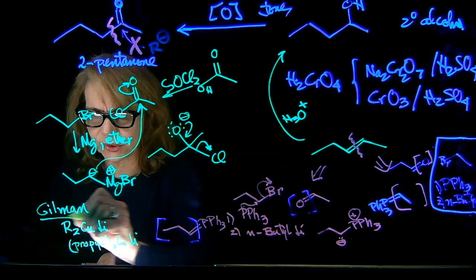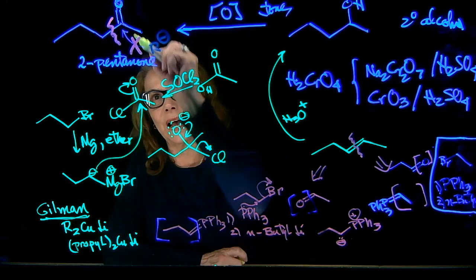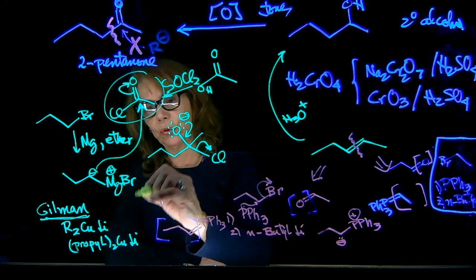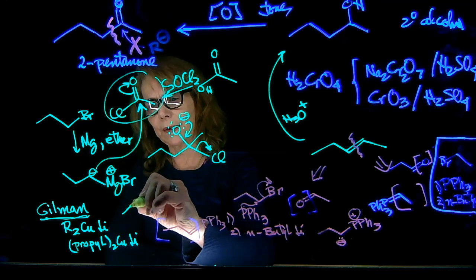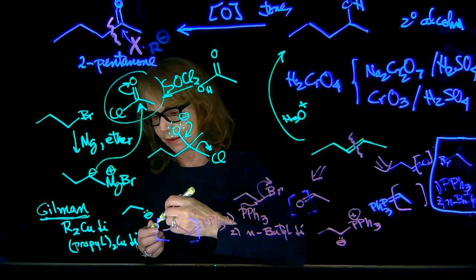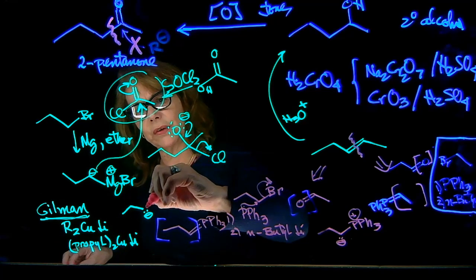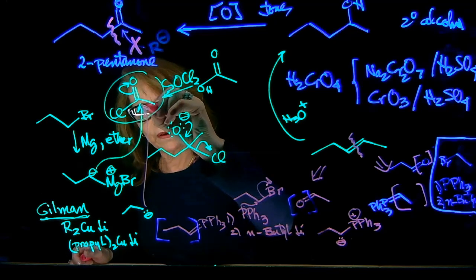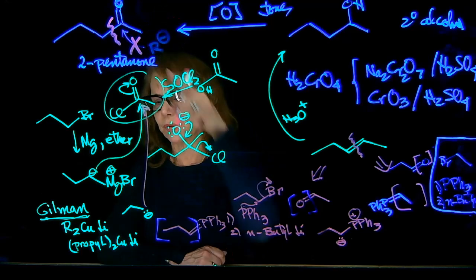The advantage of using Gilman is that Gilman reacts with acid chloride, which is what I want here. So you will do the propyl again by coming from the Gilman, attacking over the acid chloride. But the advantage of using Gilman instead of the Grignard is that Gilman cannot attack ketones.